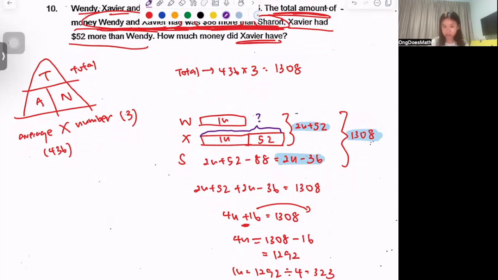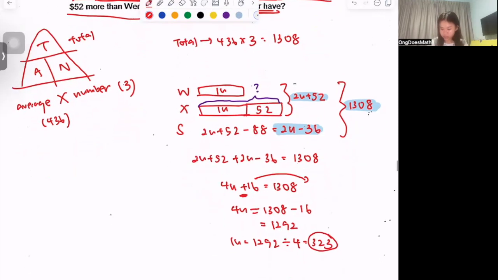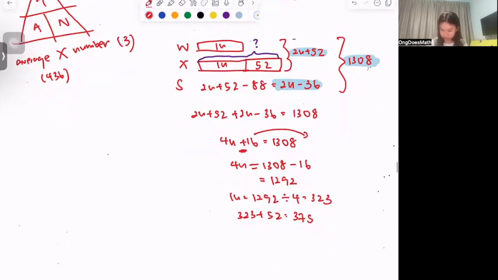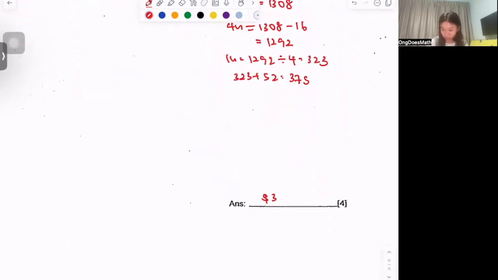Xavier has 1 unit plus 52, right? And 1 unit we found to be 323. So it'll just be 323 plus 52. And that should give you 375. Answer is hence $375.